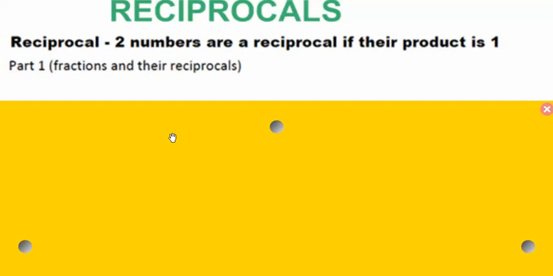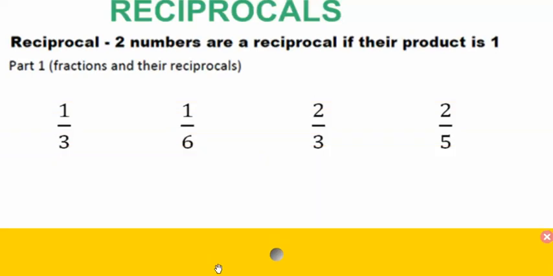Two numbers are reciprocals of each other if their product is 1. Even easier: if I say 1/3, to get its reciprocal all you're going to do is flip the number, because their product is equal to 1. If I multiplied straight across, it would equal 1.